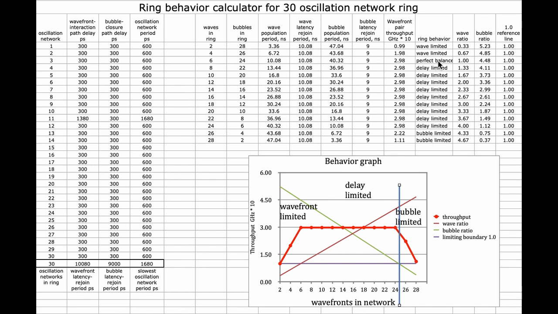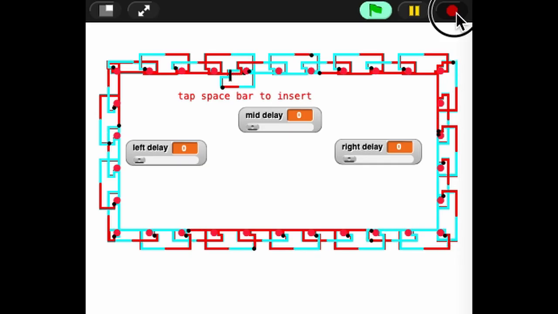Now, we have a perfect balance here, and that is on the left edge of the plateau, or the wavefront limited edge of the delay plateau. And I'm going to show you this perfect balance behavior with the demonstration network.